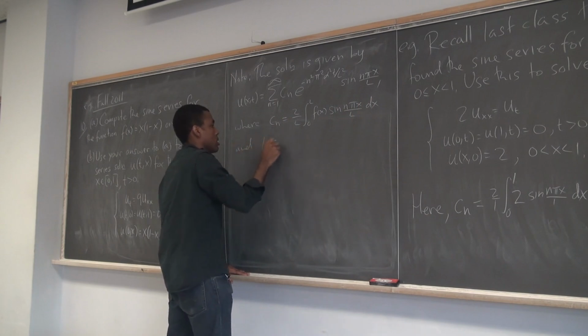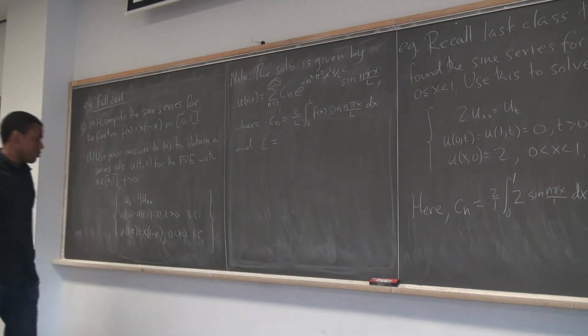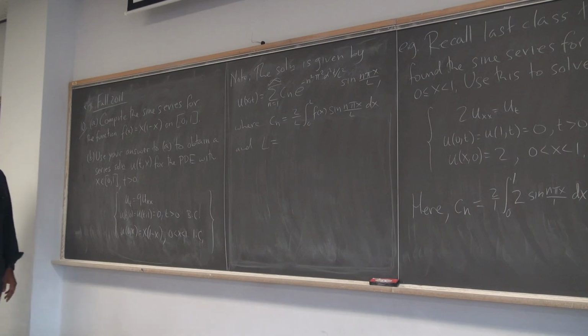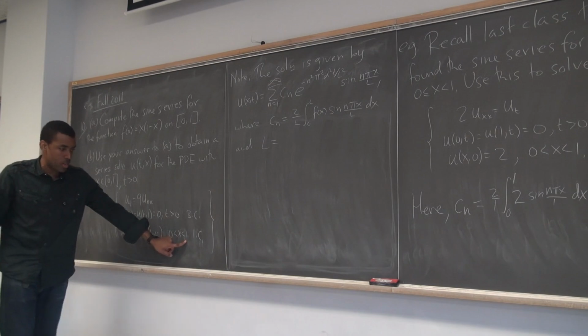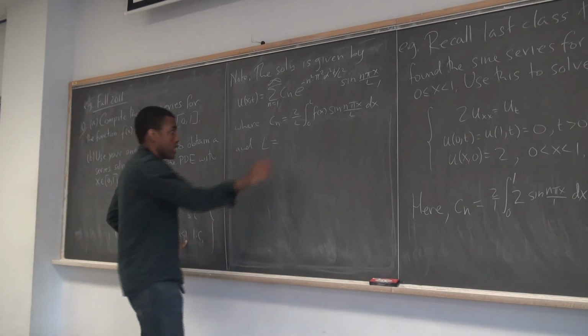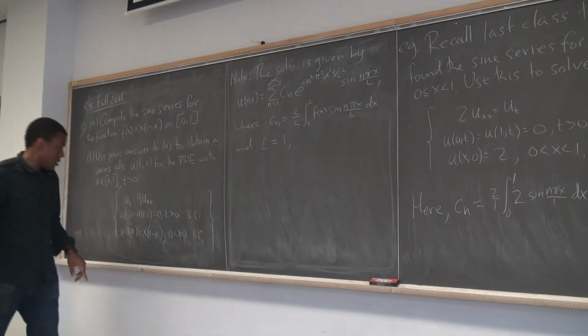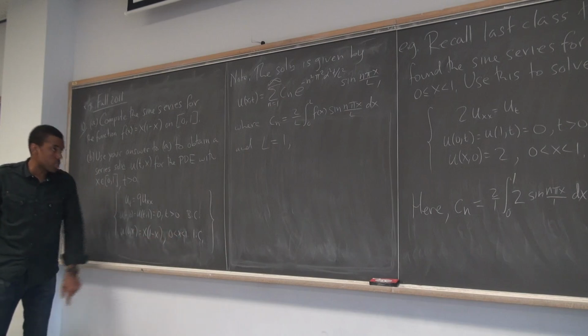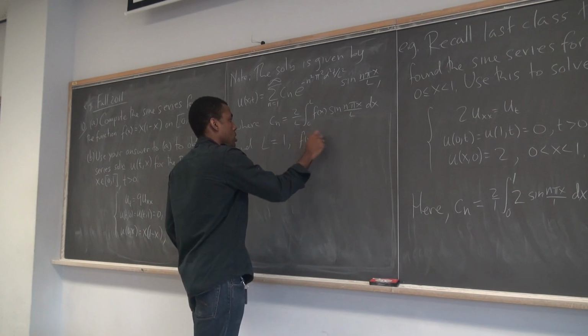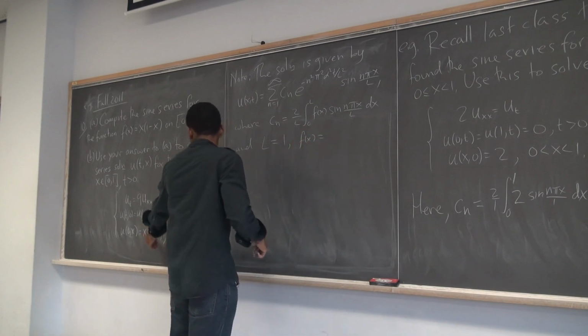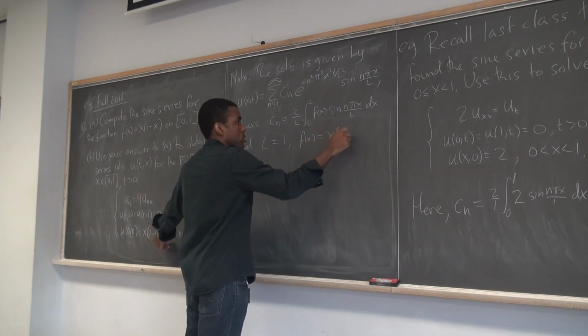And what is L equal to here? 1. It's still all going to be the number here, right? It's between 0 and 1. So we know that our L is equal to 1, right? Because x always goes from 0 to L. And our f of x is, as I told you right here, x times 1 minus x.